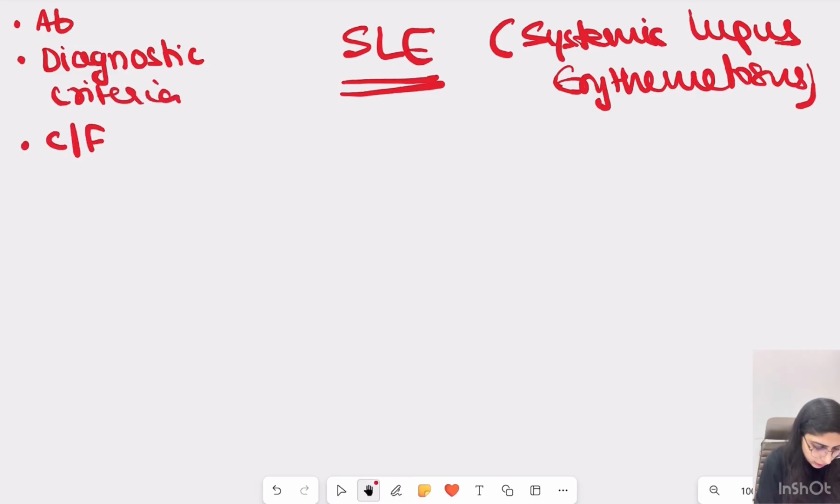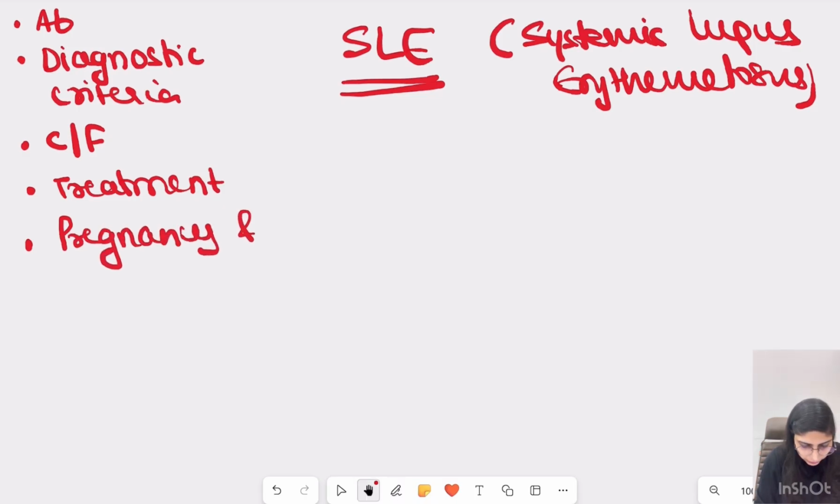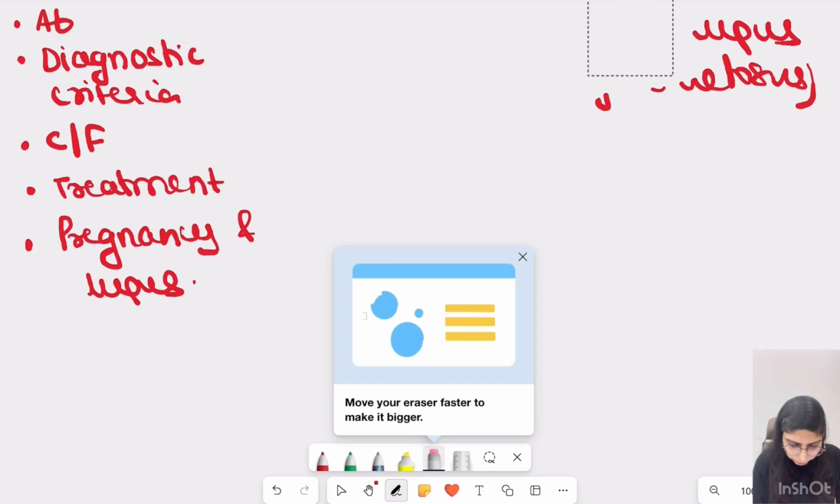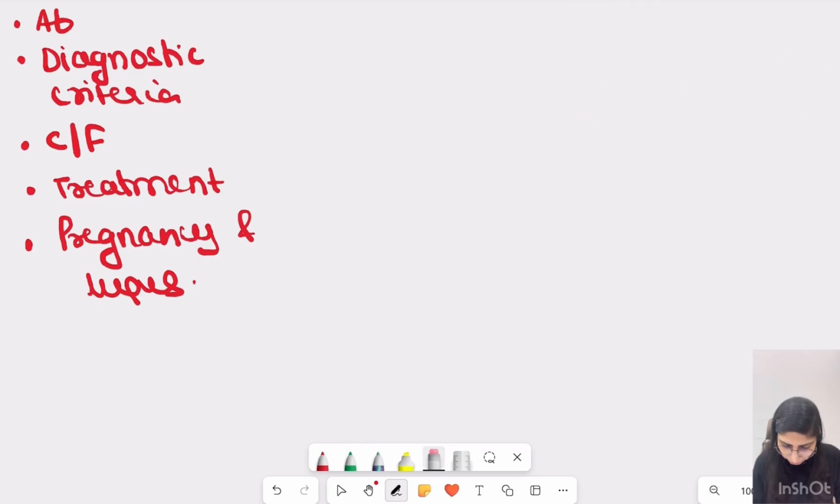Then let's talk about the clinical features. After that, we'll talk about treatment. And then a little about pregnancy and lupus. Very important. This last part is actually the most important part of the whole chapter. So let's start with antibodies.